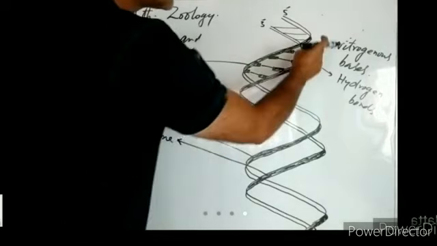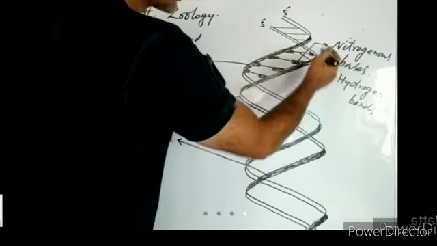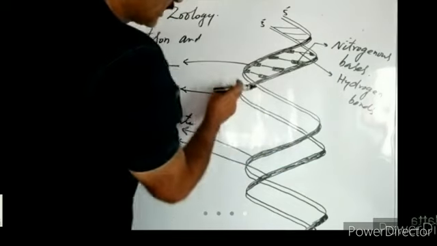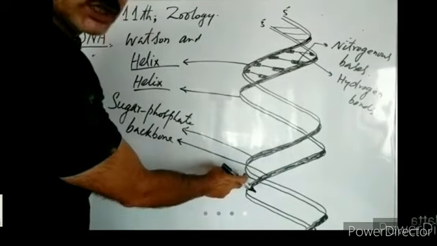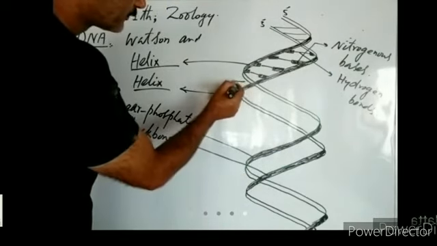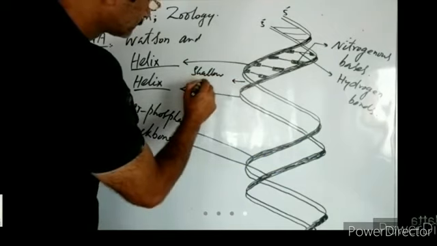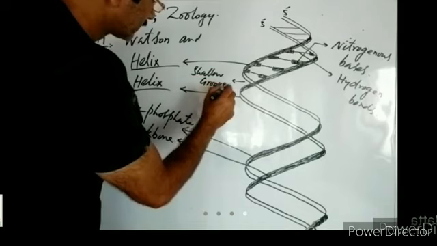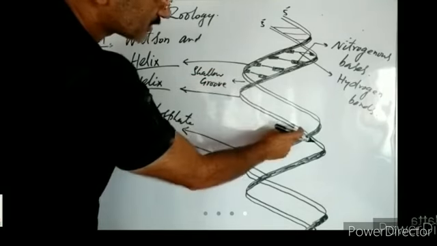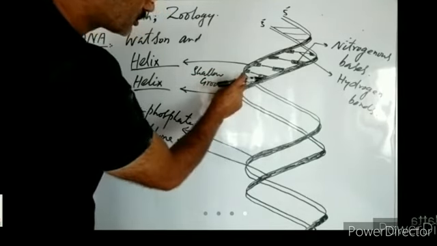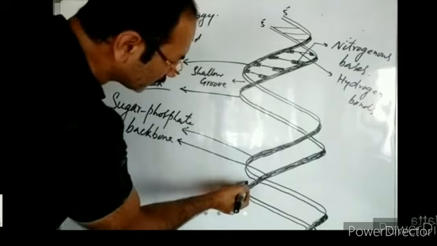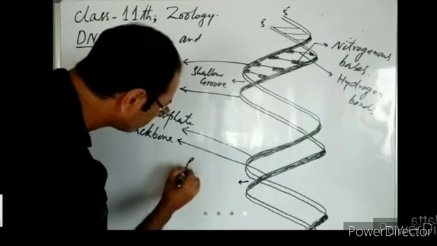The distance between one shallow groove to another shallow groove. This cut, which is not deep, is known as a shallow groove.